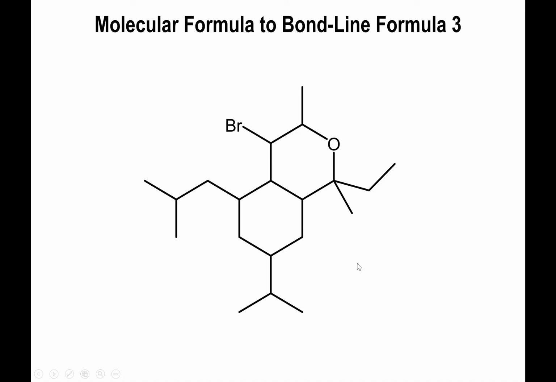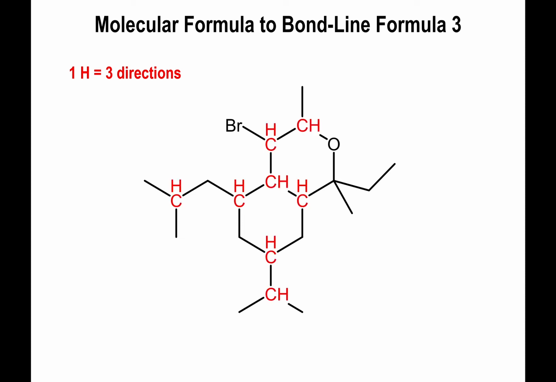All right, now what we're going to do is we're going to take a molecule like the one right here, and we're going to try to determine which carbons have what number of hydrogens. And the idea is that if you do have 3 directions on that carbon, you only need an extra hydrogen to complete the octet. And in the particular structure shown here, all the ones highlighted in red are carbons that have already 3 directions.